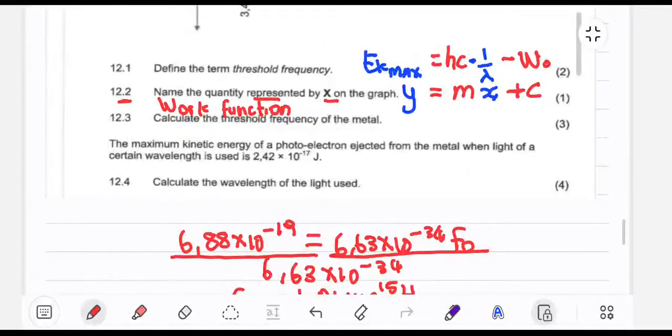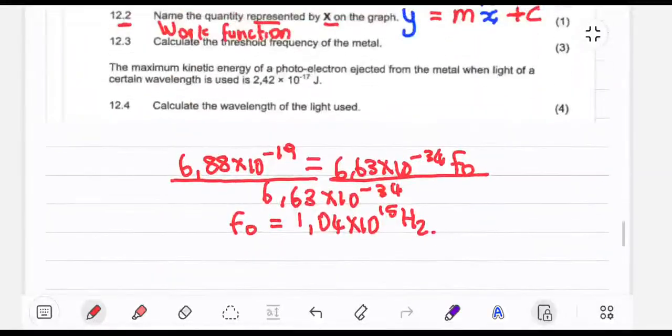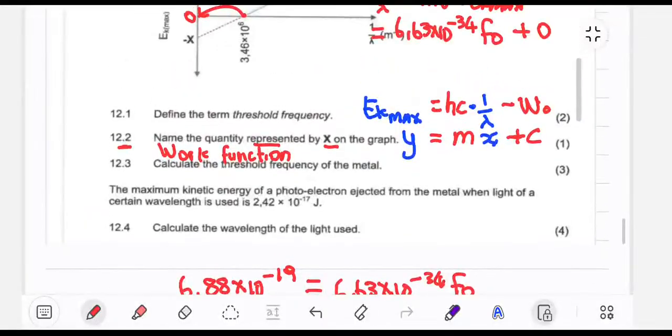So that would have been the threshold frequency.